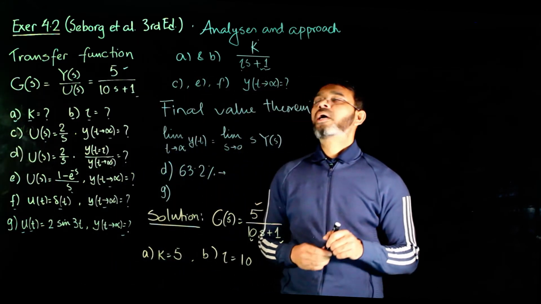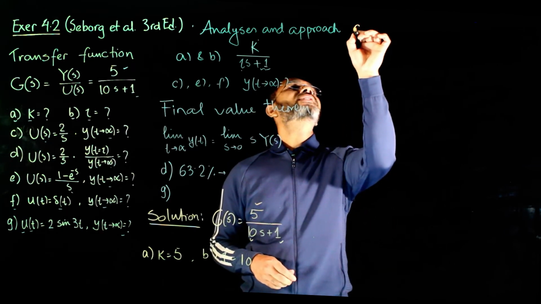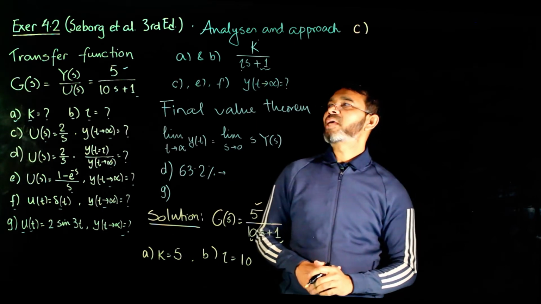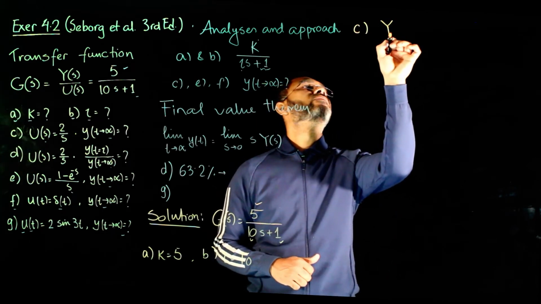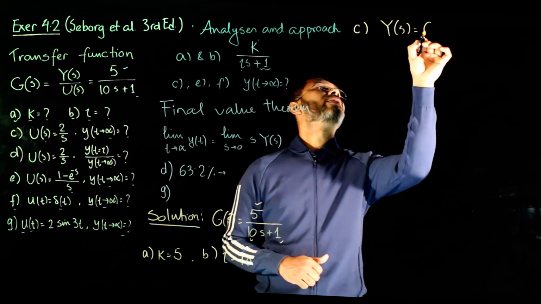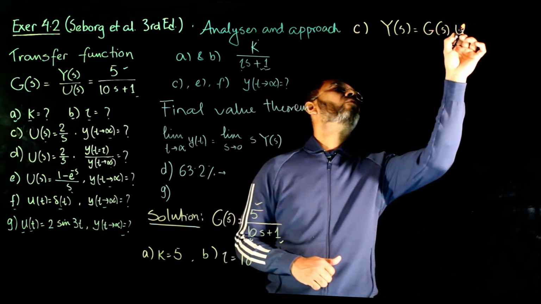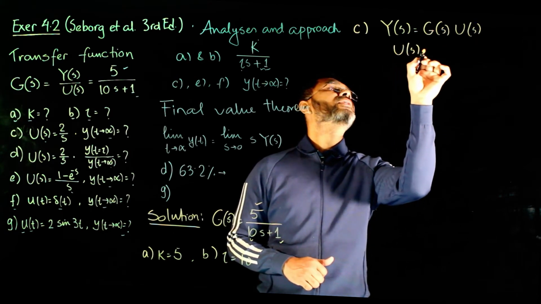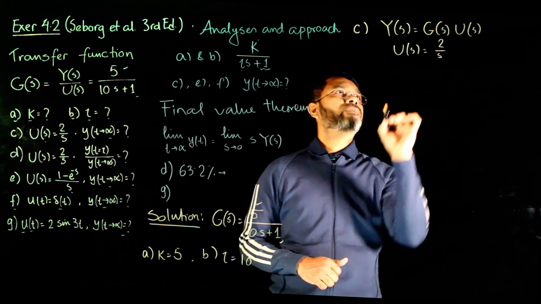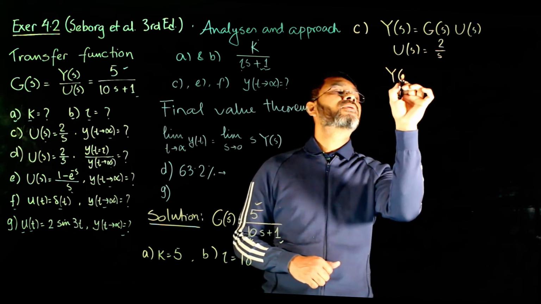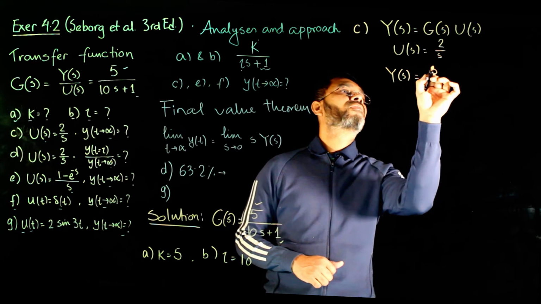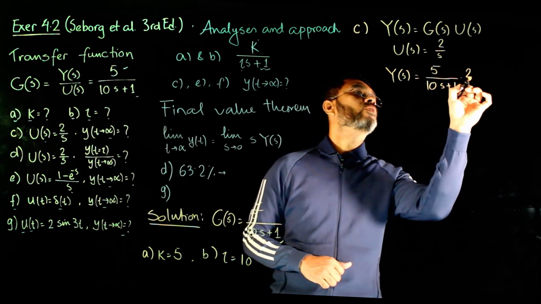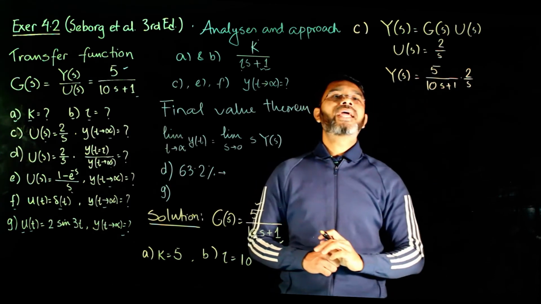Now part C, we'll use the final value theorem. For this case, we need to express Y(s) equals G(s) U(s). For our case, U(s) equals 2 over s. So Y(s) becomes 5 over 10s plus 1 times 2 over s. So we got the expression for Y(s).